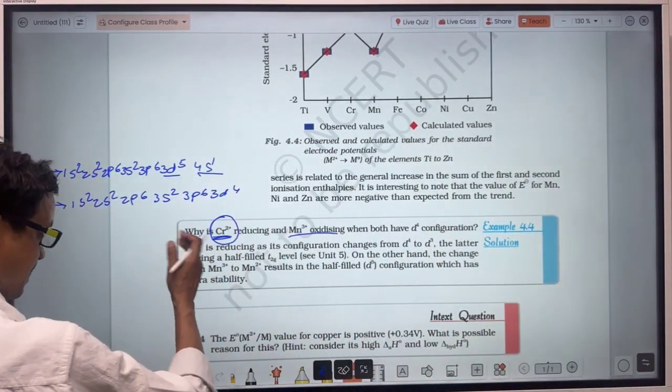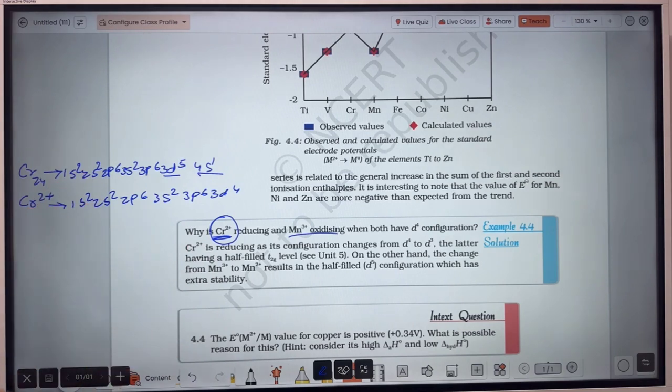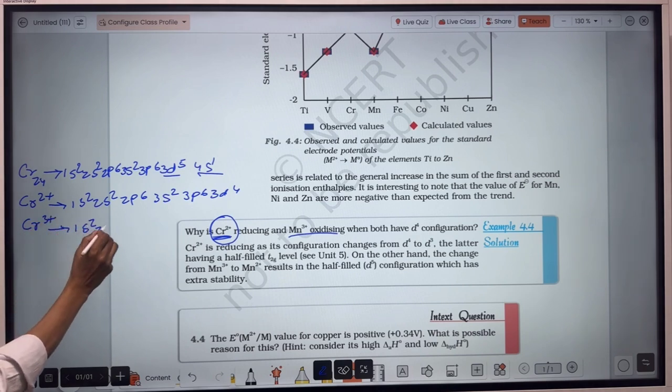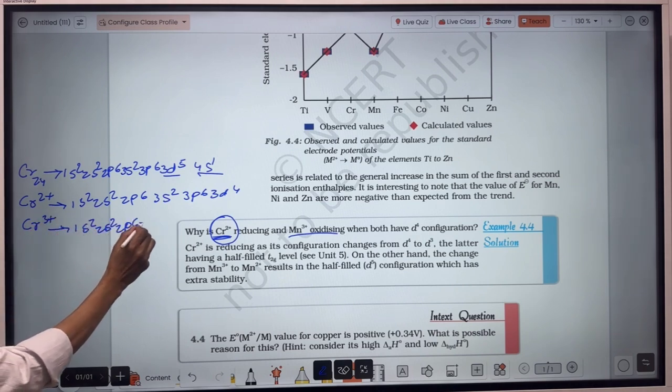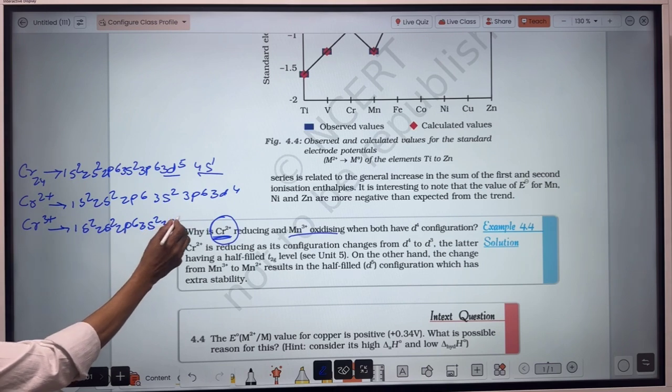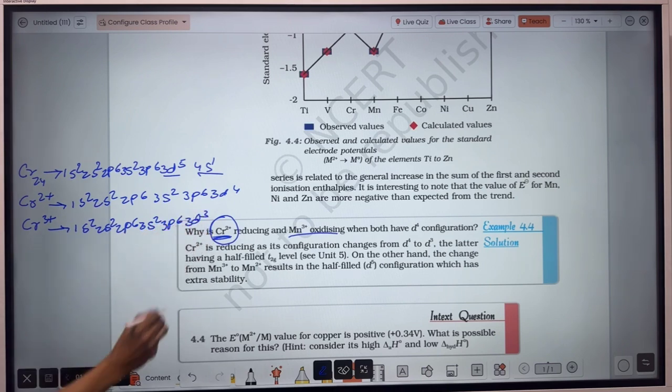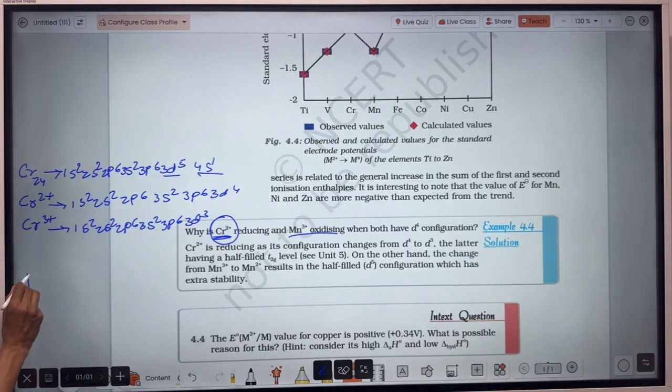So let's see the electronic configuration in the oxidized form, that is in the +3 oxidation state. It is 3d3 here. Now, in the previous class also I have taught you, and that concept will also come in the next chapter, coordination compounds.